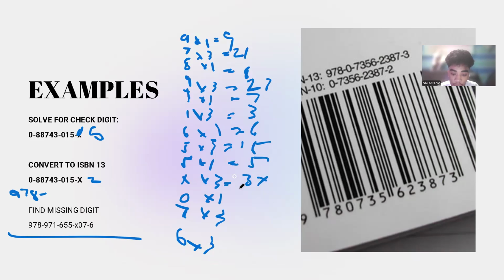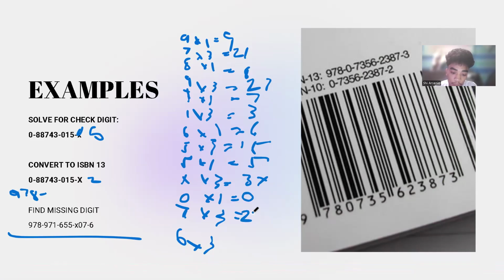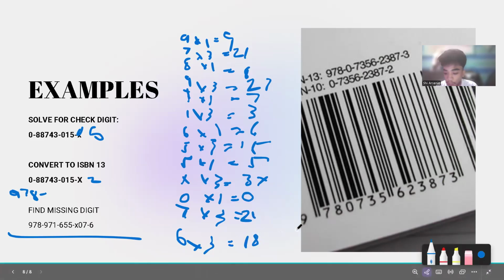The missing number will be temporarily represented by 3x. So continue: 0 times 1 is 0, 7 times 3 is 21, 6 times 3 is 18. Since 6 is the check digit, we will erase this from our equation. So we will add up all of this excluding the 3x.